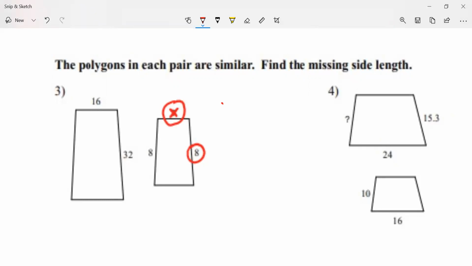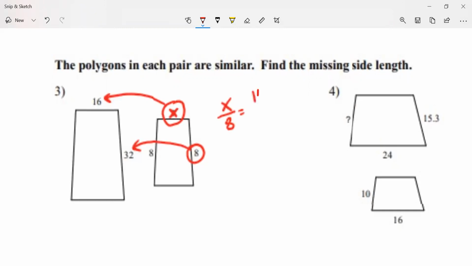So I'm going to say X over 8. I made a fraction. Now, X, on the other figure, X is going to go with 16, and 8 is going to go with 32. So X goes with 16, and 8 goes with 32. Okay.